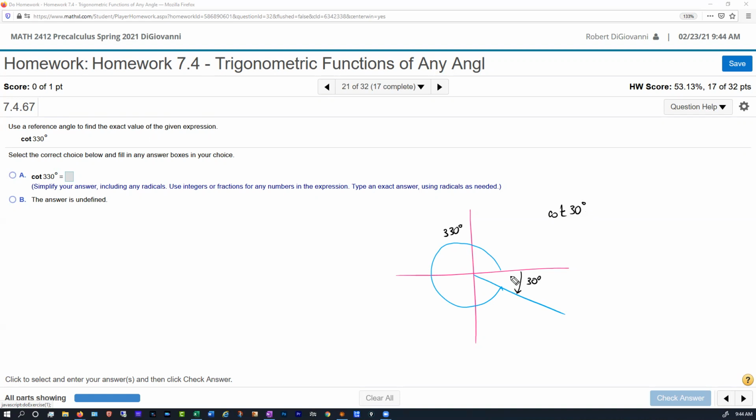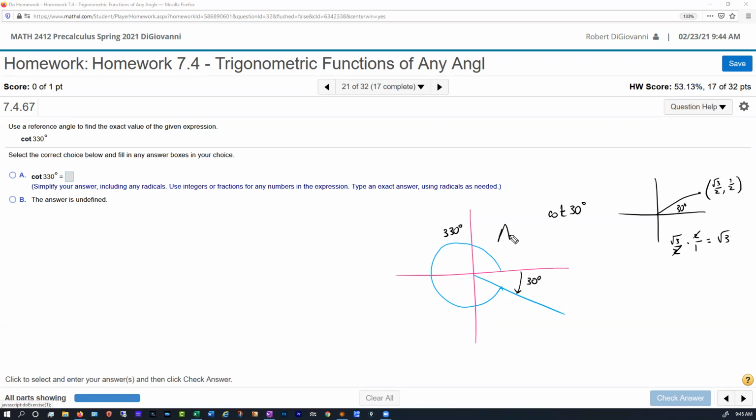Here we have √3/2, 1/2. Cotangent is x over y, not y over x. So this is √3/2 times 2/1, multiplying by the reciprocal, and we just get √3.